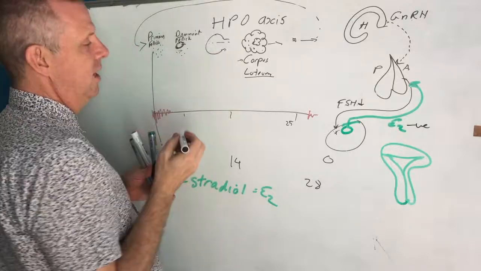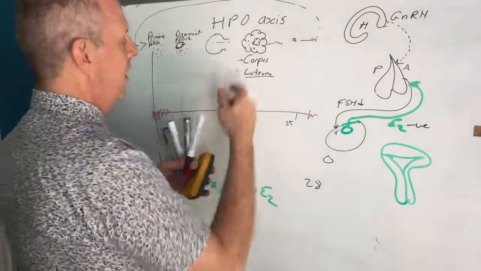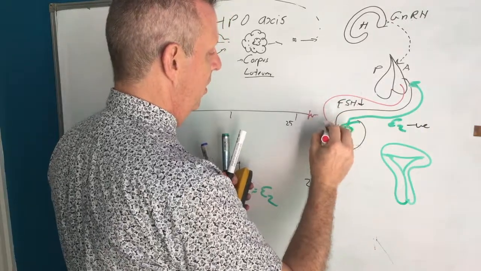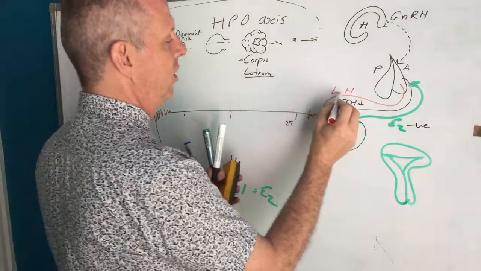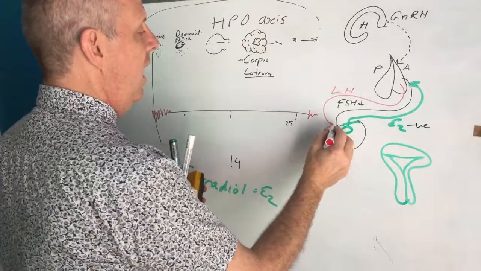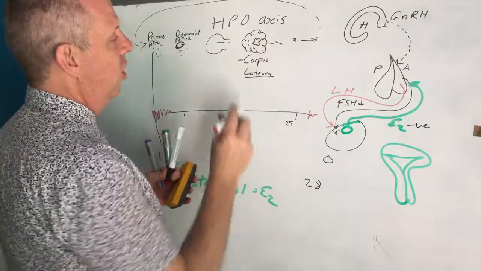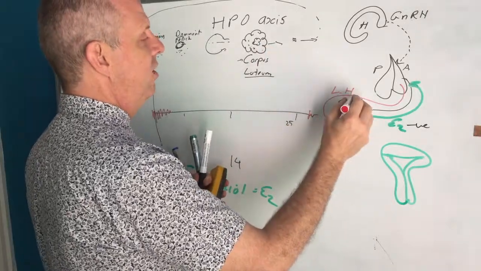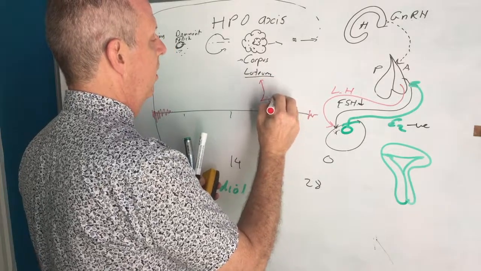That eventually gets to this point here, and then about 24 or 30 hours before ovulation occurs, the pituitary gland releases another special hormone called luteinizing hormone. There's that word lutein again, luteinizing hormone, which is a hormone associated with the corpus luteum. And that is a little peak, which is what triggers this ovulation to occur.